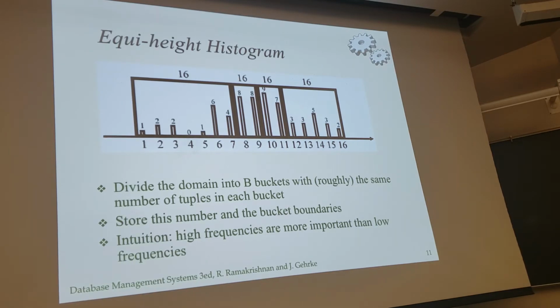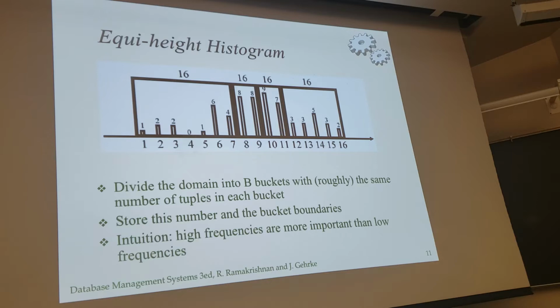The next bucket has 10 through 11, that happens to have 16, and then another 16 for 12 through 16. So again, if it's not exact, it's still pretty good. Being off by 1 or 2 or a couple probably isn't that big a deal. If you want to, you can keep track of how far off you are. So here what we're doing is we're dividing the domain into B, which in this case is 4, buckets that have the same number of tuples in them.